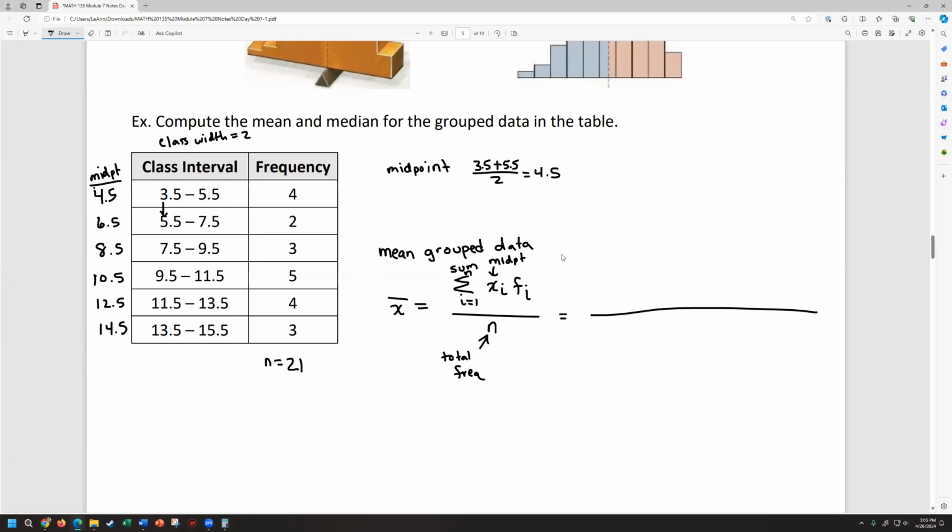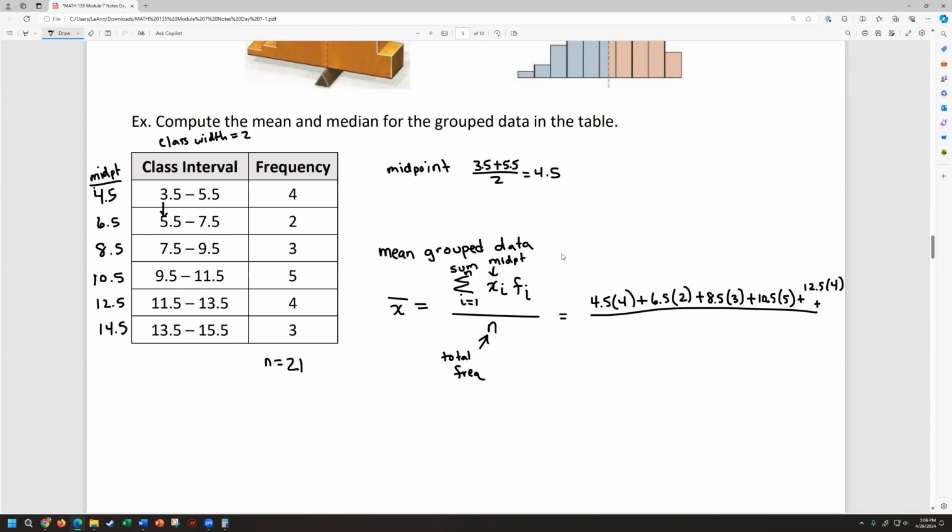Now, across the top of my fraction, I'm going to do midpoint times how many were in that group. So that's 4.5 times 6, plus midpoint 6.5 times how many were in that group, which is 2, plus midpoint 8.5 times how many are in that group, which is 3, plus midpoint 10.5 times the number of elements in that group, which is 5, plus midpoint 12.5 times there are 4 of them.